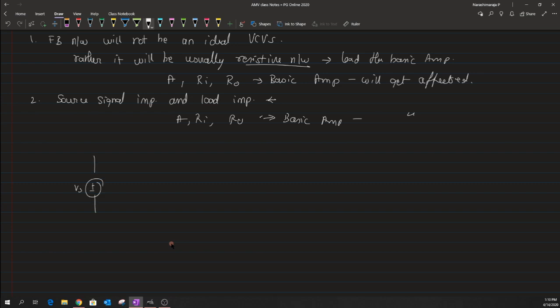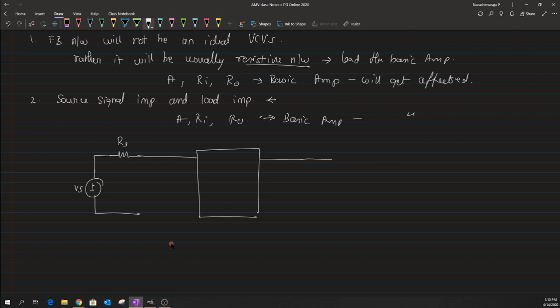So if we draw a quick model, I will have the resistance Rs, which mimics the non-ideal model of the voltage source here. Then I'm not going to redraw the non-ideal model of the basic amplifier, so I'll just put it in a box so that I will not waste time redrawing those internal structures.